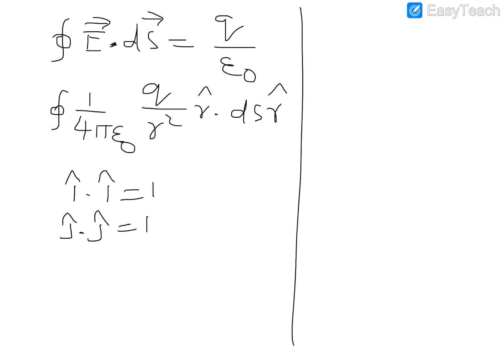That means if you dot the same unit vectors, you will get 1. So here r cap dot r cap will be 1, and the dot product will go away.